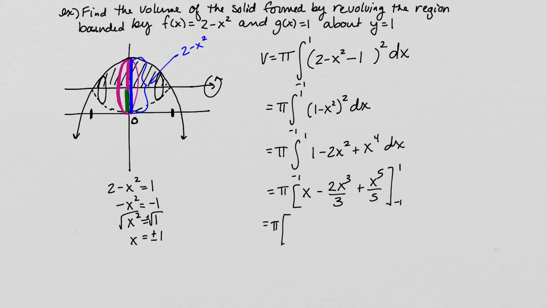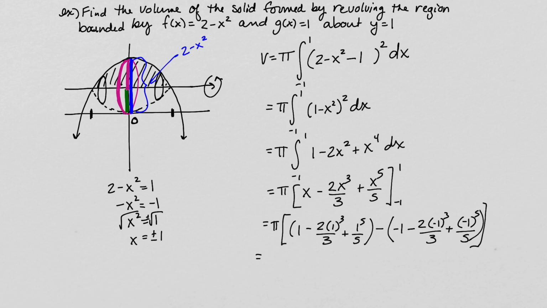So pi times 1 minus, when I plug in, I have 2 times 1 cubed over 3 plus 1 to the 5th over 5, minus -1 minus 2 times -1 cubed over 3 plus -1 to the 5th over 5. So we've got pi times what? 1 minus 2/3 plus 1/5 minus is another plus 1.